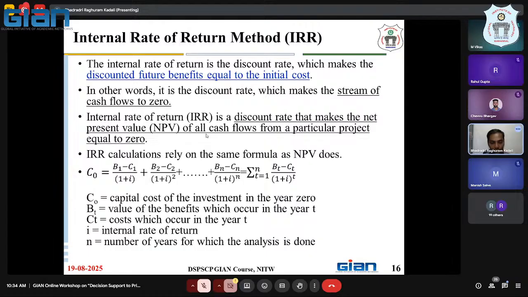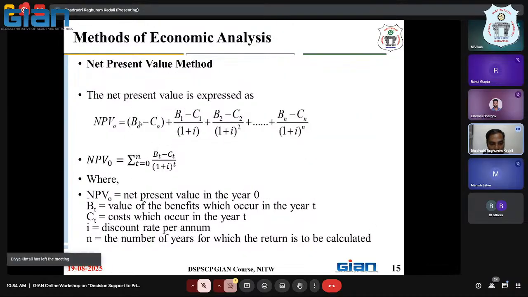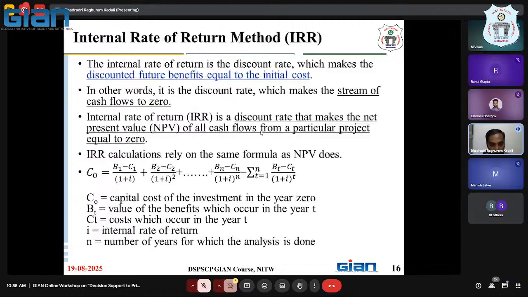If I eliminate the initial value, B naught minus C naught, and add the discounted values of each future case in present value terms, that is B1 minus C1 by 1 plus i, then I am just left with the NPV method minus B naught minus C naught. The remaining thing is the same. That is the only difference we can observe between your IRR value and your NPV value.